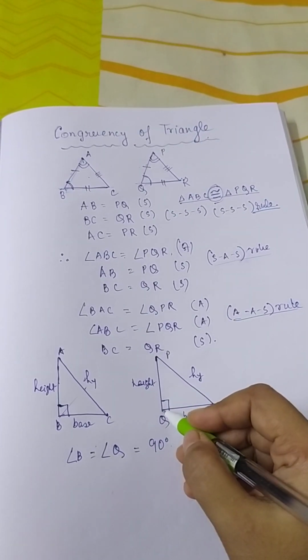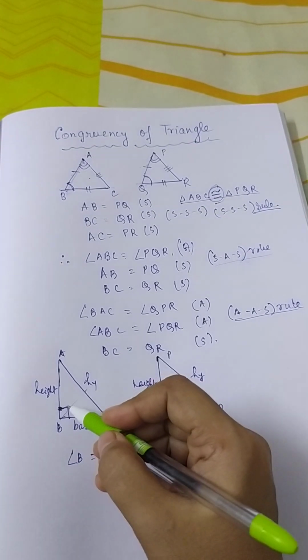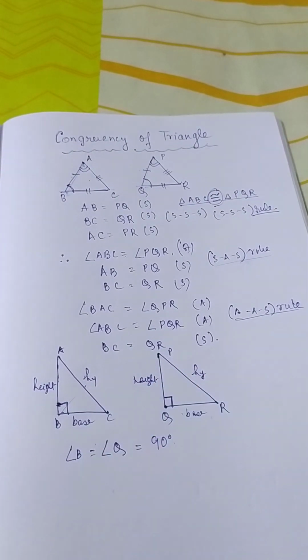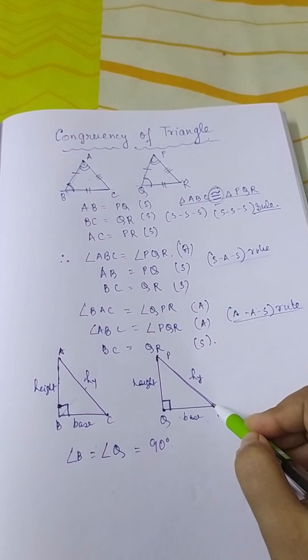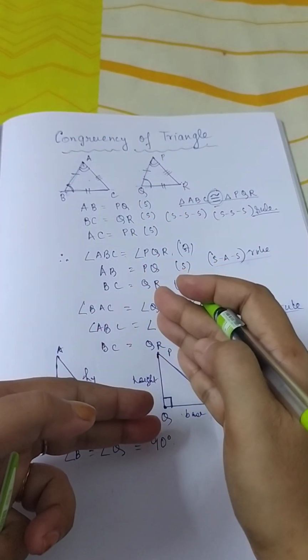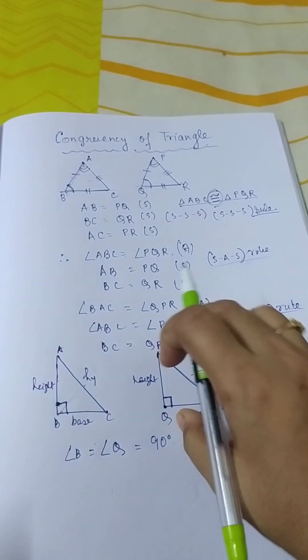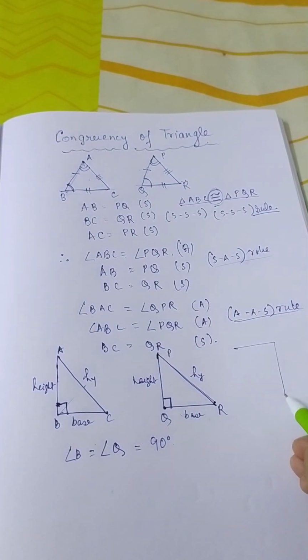But once the 90 degree angle of a right angle triangle is fixed, the hypotenuse position is also fixed. If you turn this right angle triangle in the clockwise direction, it will look like this, right?